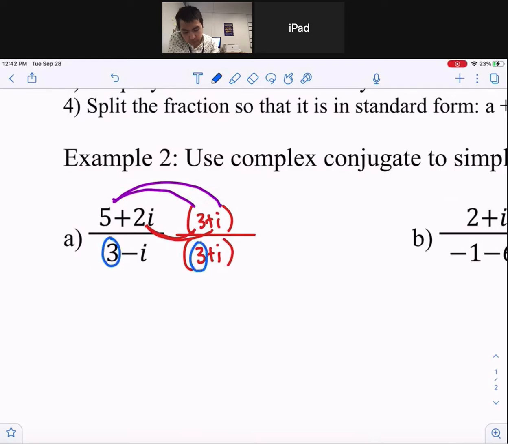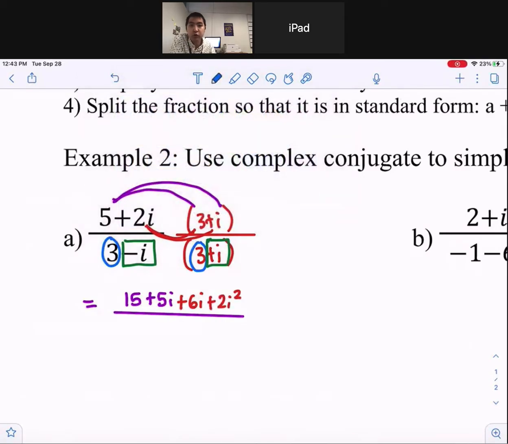Multiply the first two, and we multiply the second two. So the purple, 5 times 3 is 15. 5 times i is 5i. 2i times 3 is 6i. 2i times i is 2i to the second power.